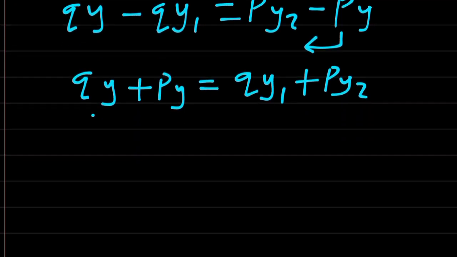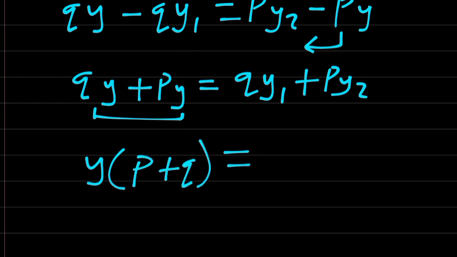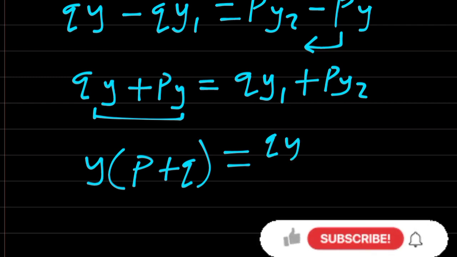So factorize this. So Y is common. So we have Y into bracket P plus Q is equal to QY1 plus PY2.